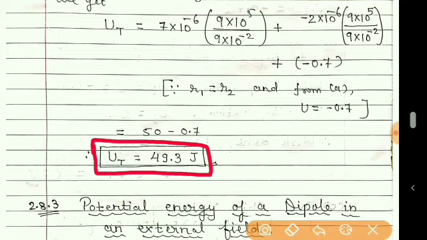So this is about example number 2.5. Students, whenever you see this example, you have to sit with a paper and a pen so that you can do the required calculation.